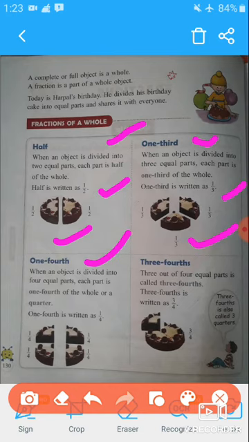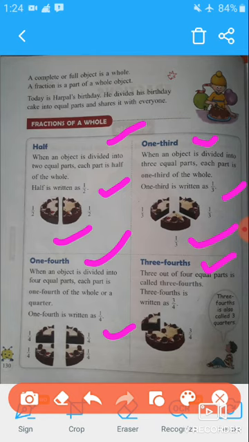When an object is divided into four equal parts, each part is 1/4 of the whole or a quarter. So students, you can write 1/4 as 1/4 and 1/4 is also known as a quarter. So this is 1/4 or quarter of the whole.